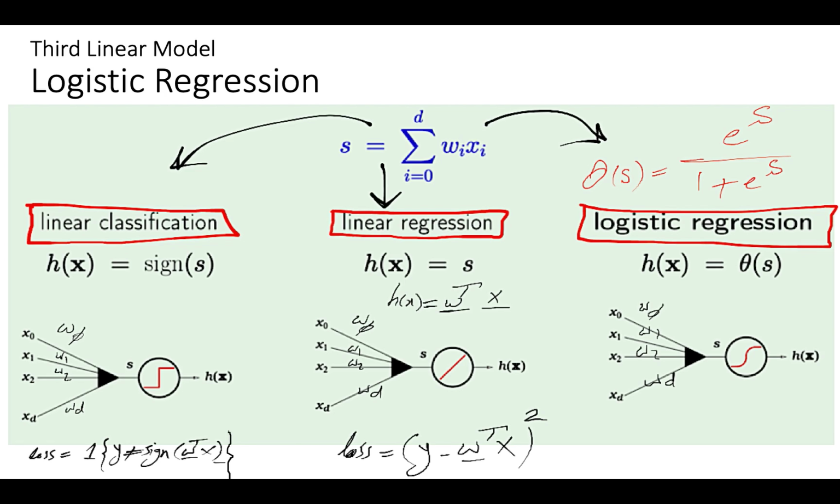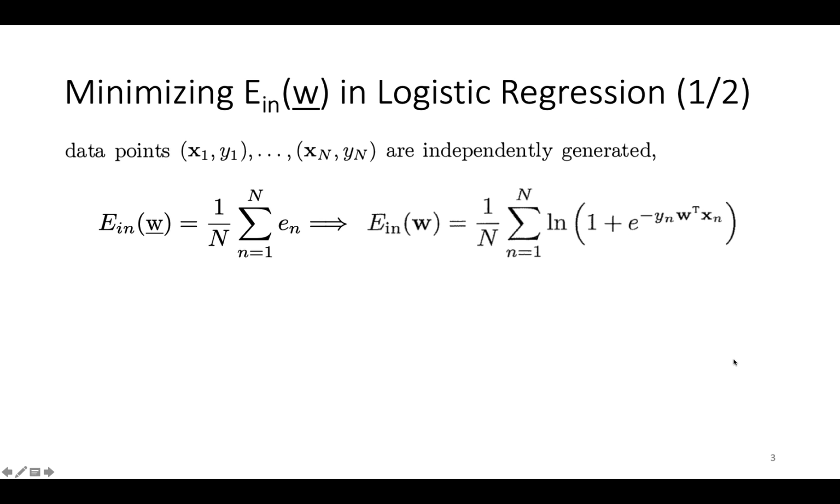Then we jumped towards logistic regression, and we mentioned that we use a theta of s to soft threshold, using this formula, e to the power of s divided by 1 plus e to the power of s, to have a soft threshold over our incoming signals, right? That makes it more interesting for us because we could play with the probabilities.